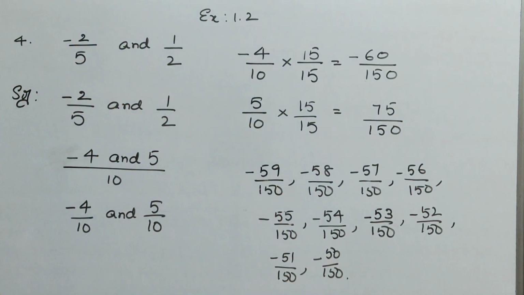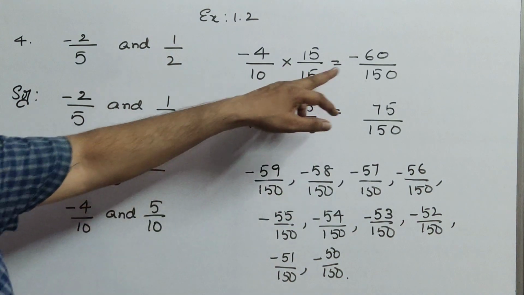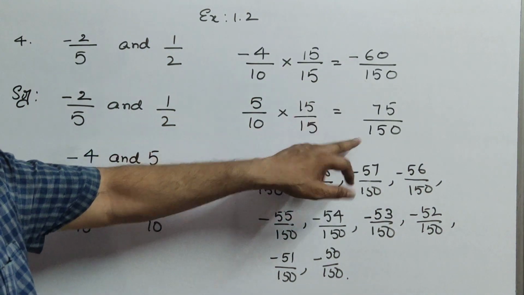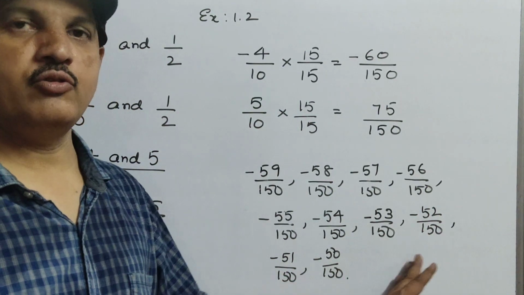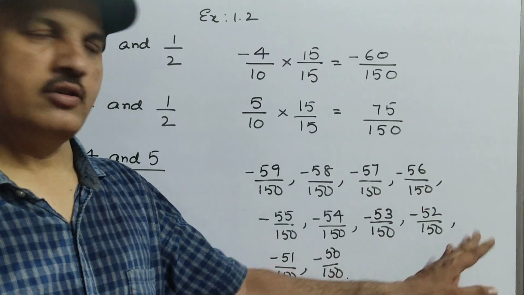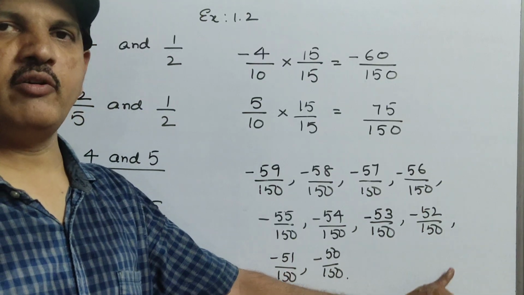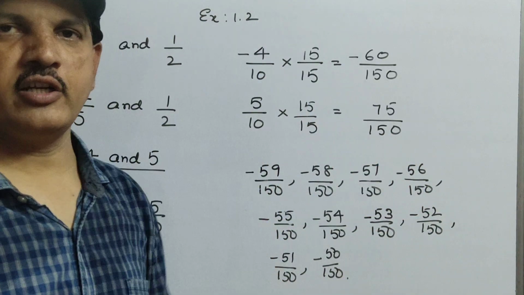Okay, so these are all the rational numbers which lie in between minus 60 by 150 and 75 by 150. While going on, you will get a positive number. Then after getting a positive number, suppose 0, you will get 0 by 150. Next 1 by 150, 2 by 150, 3 by 150, up to 75 you can go.